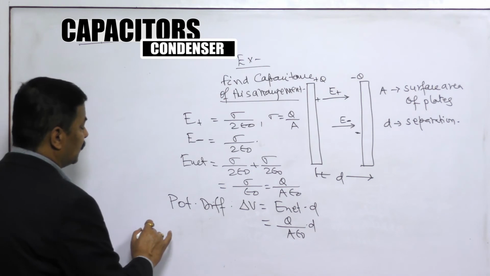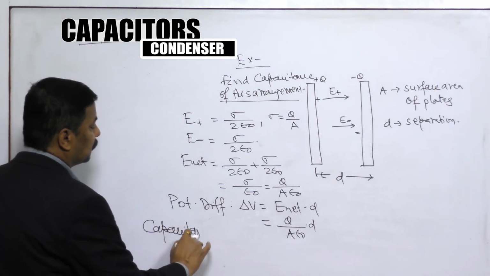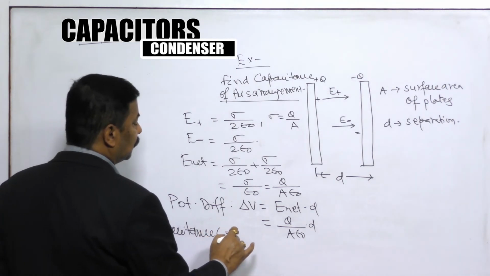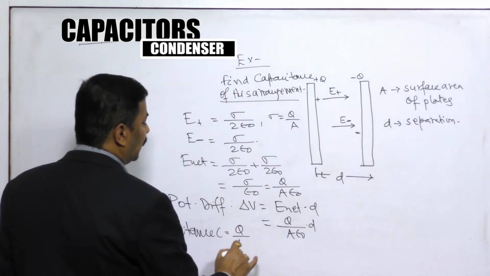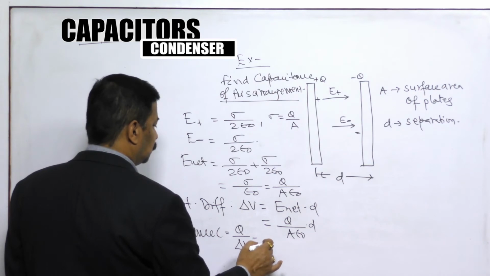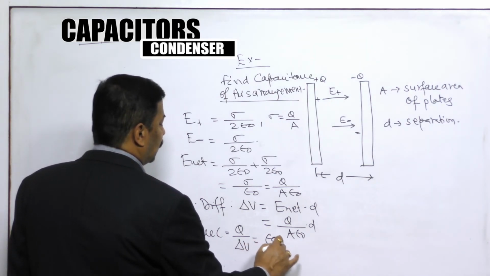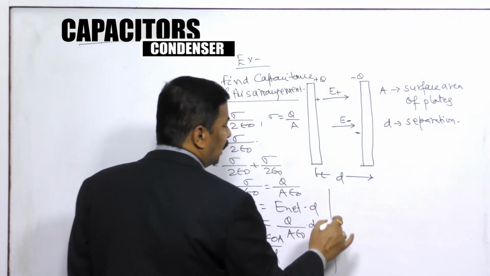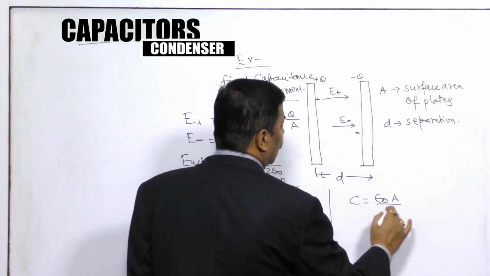So capacitance C is equal to Q by delta V, which is epsilon naught A by D. So what result are we getting? C is equal to epsilon naught A by D.